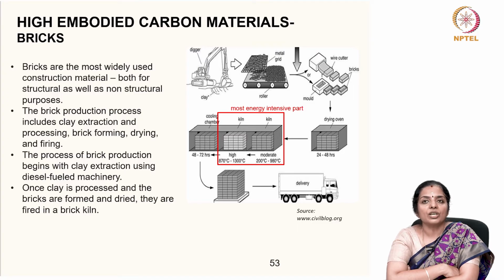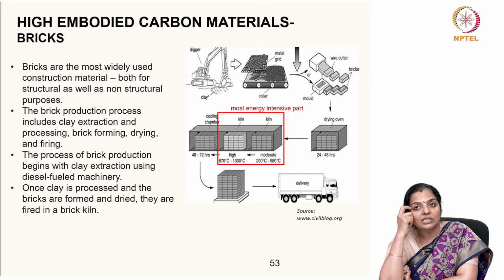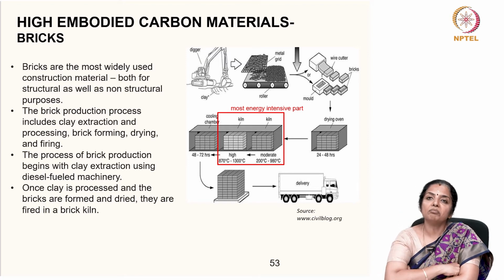The brick production process includes clay extraction and processing, brick forming, drying and firing. It begins with clay extraction using diesel fuel machinery. Once clay is processed and the bricks are formed and dried, they are fired in a brick kiln.